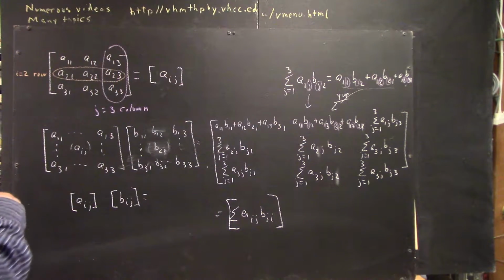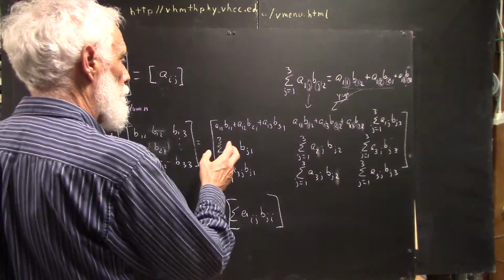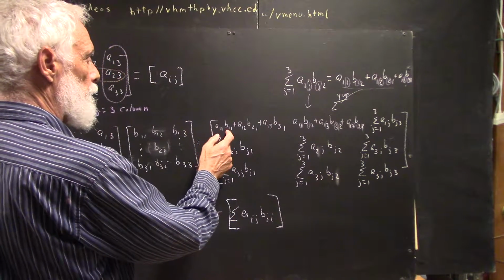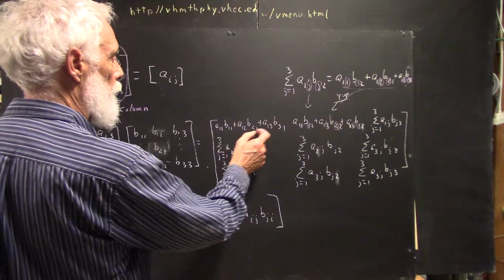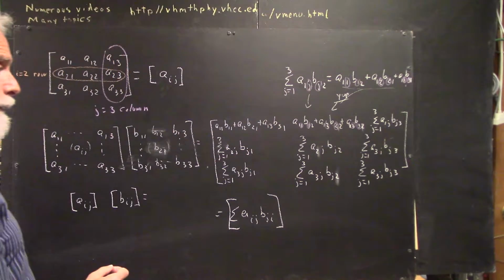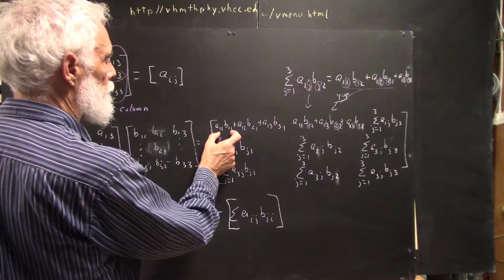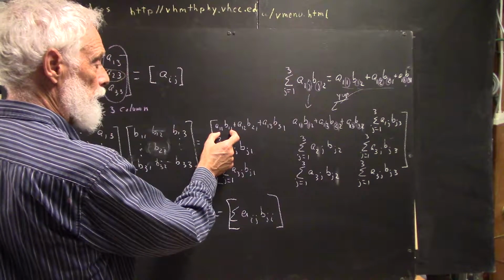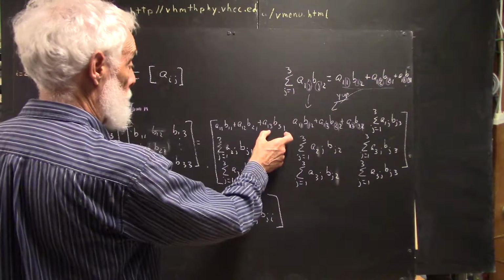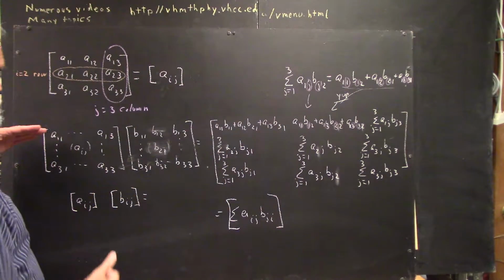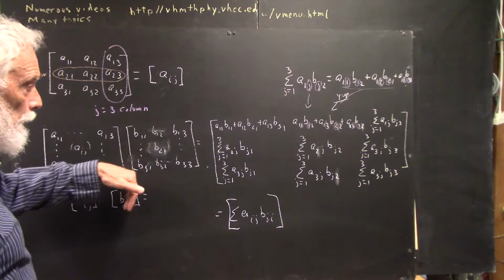Now we could start noticing things in this product. This number here, the second index of A and the first index of B, appear to always match. And also, the first index of A and the second index of B are always both 1. This comes about because we're multiplying row 1 by column 1.